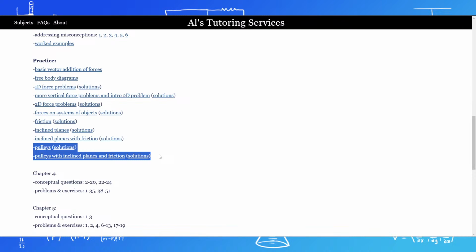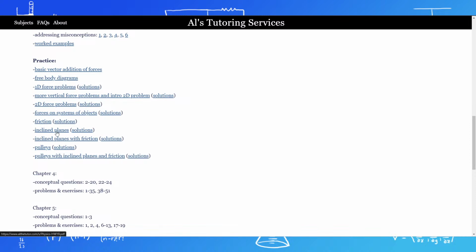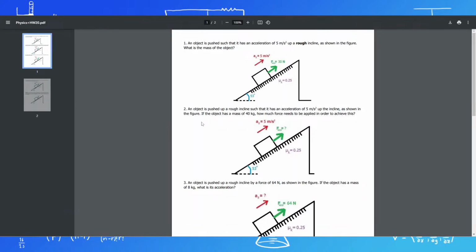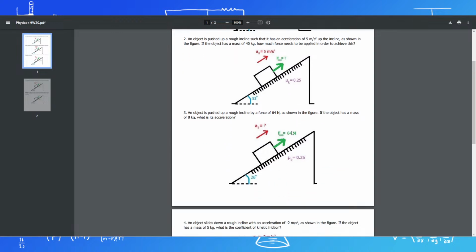So what we have coming up for next week, of course, is some inclined plane problems with and without friction. So go ahead and do inclined planes, and you might as well look at inclined planes with friction. It doesn't change too much when you add friction to the mix. It's just one more force to put into your diagram.